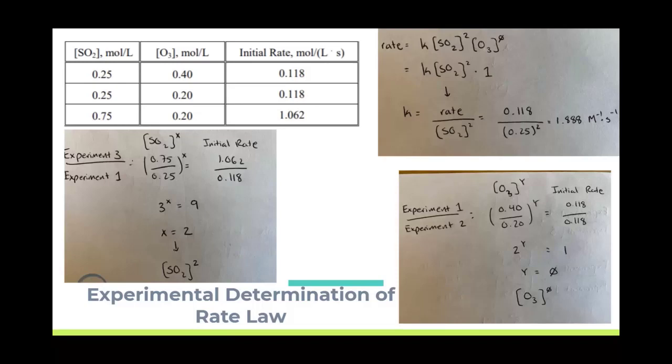So you want to choose 2 experiments to compare in which you're changing one reactant's concentration, but the other stays the same. And then you'll do it again for the other one.